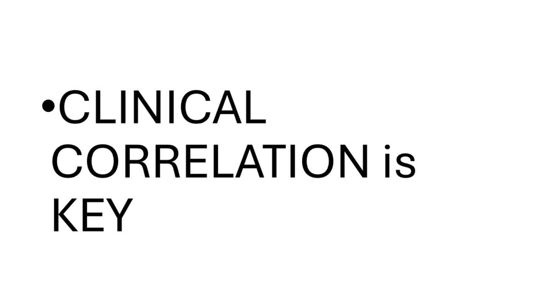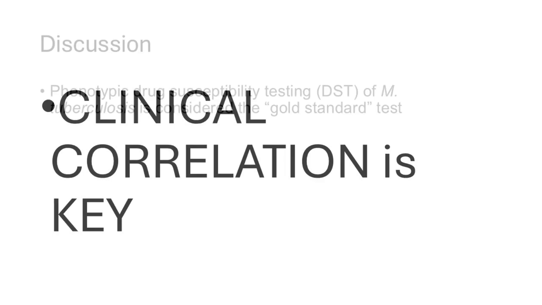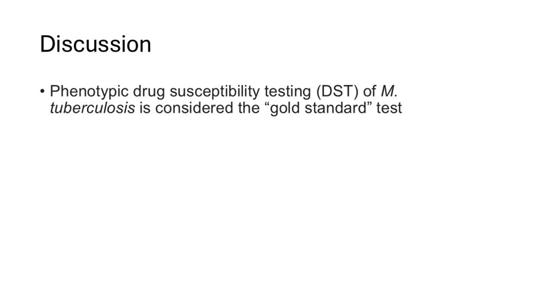So as you can see in this patient, you have a Genexpert which says rifampicin sensitive. You have an LPA report which says rifampicin resistance but no INH resistance. And the second line LPA shows resistance to quinolones, but you also have a simultaneous DST which shows that quinolones are susceptible.